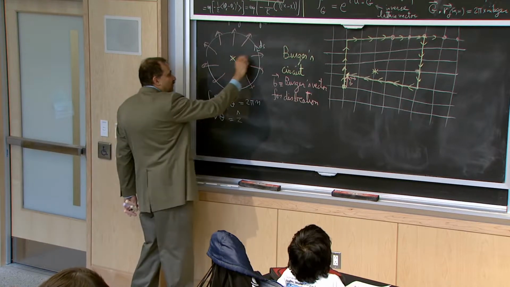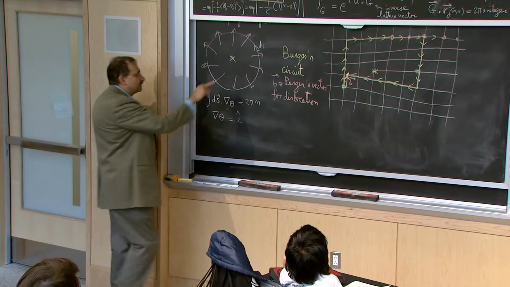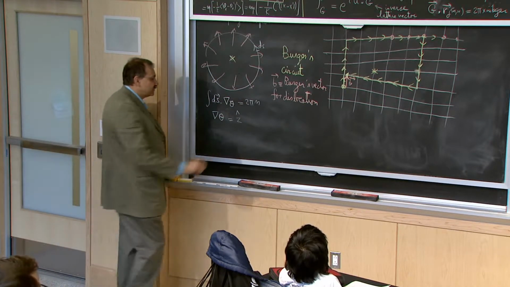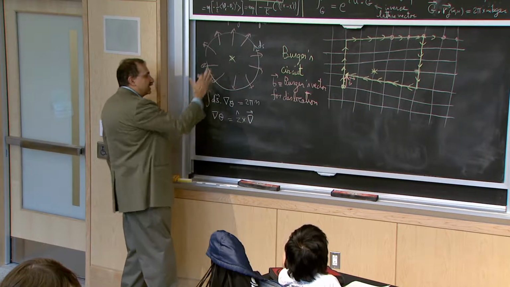It was orthogonal to the direction of motion away from the defect, which we could characterize by looking at a gradient.